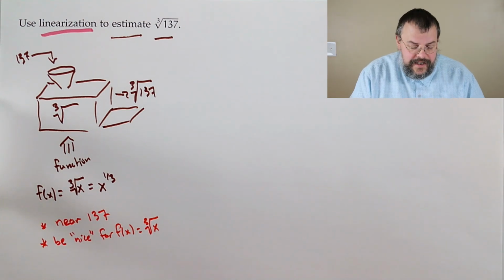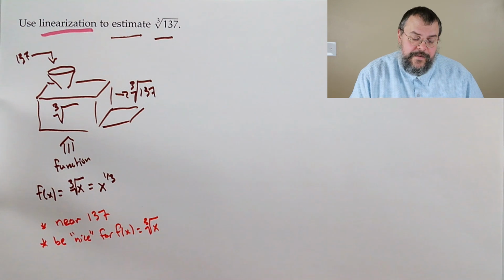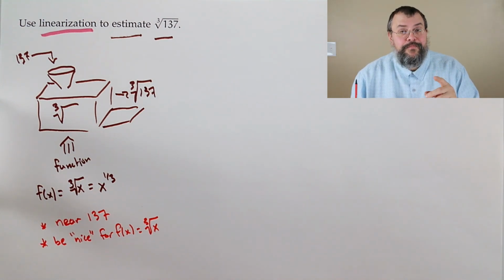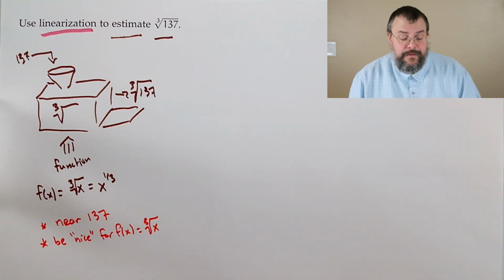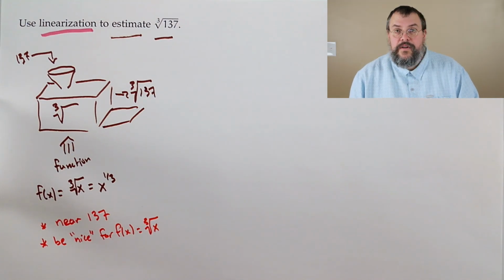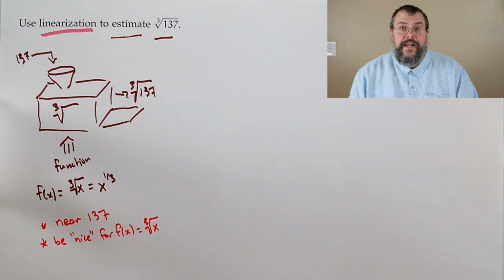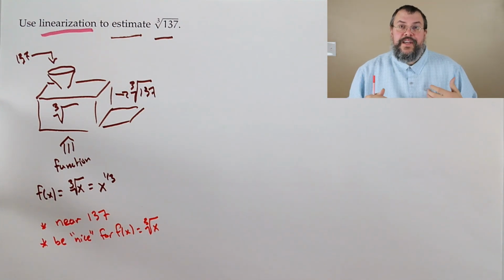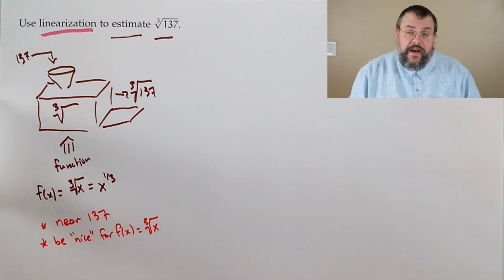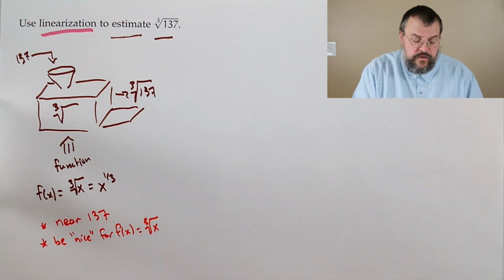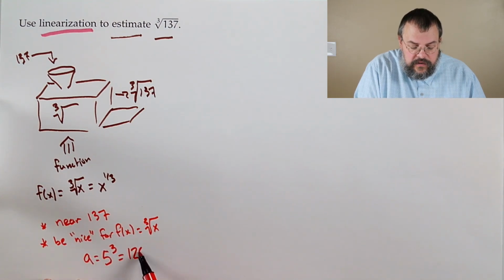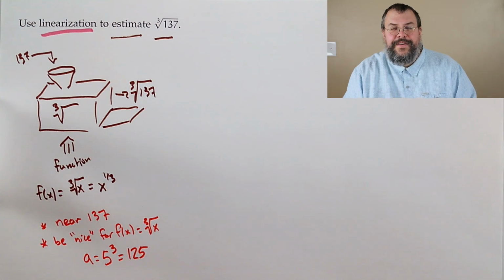And notice, 125 is not so far off from 137. I mean, it's not great, but it's not bad. If you went to 6 cubed, for instance, 6 cubed is 216? All right, now we're really far off. So among our choices, the one that seems best is 5 cubed. So we're going to choose a to be 5 cubed, which is 125. Excuse me, I think I said 127 a second ago, 125.